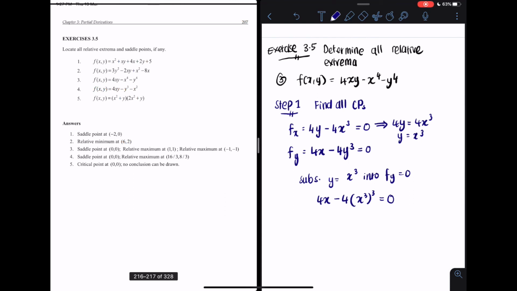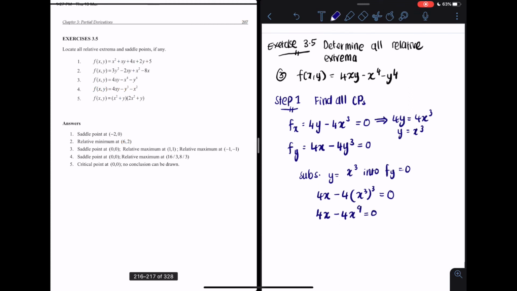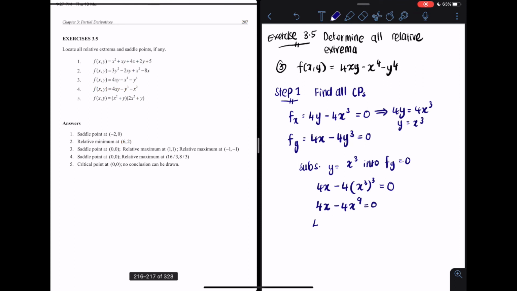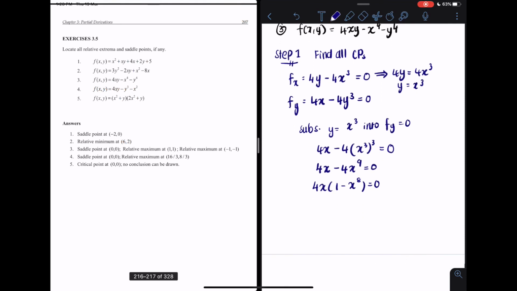In this case, I will get 4x minus 4x to the power of 9 equal to 0. By factoring 4x, 4x times (1 minus x to the power of 8) equal to 0.